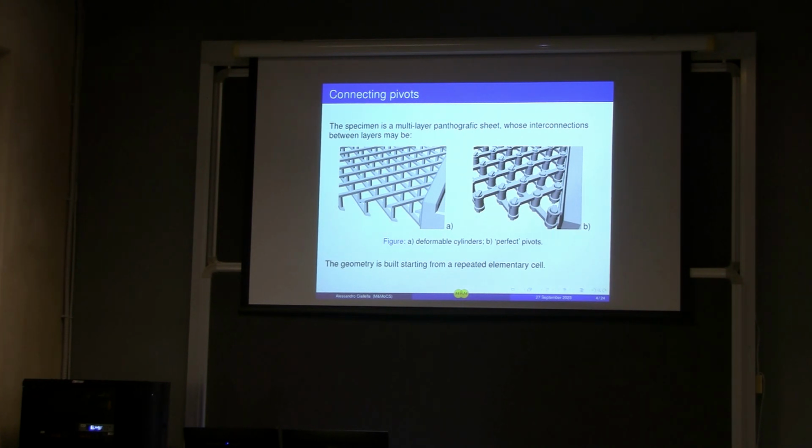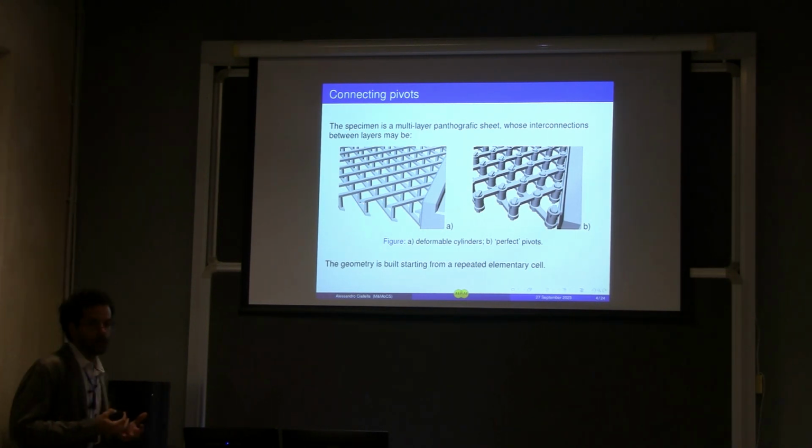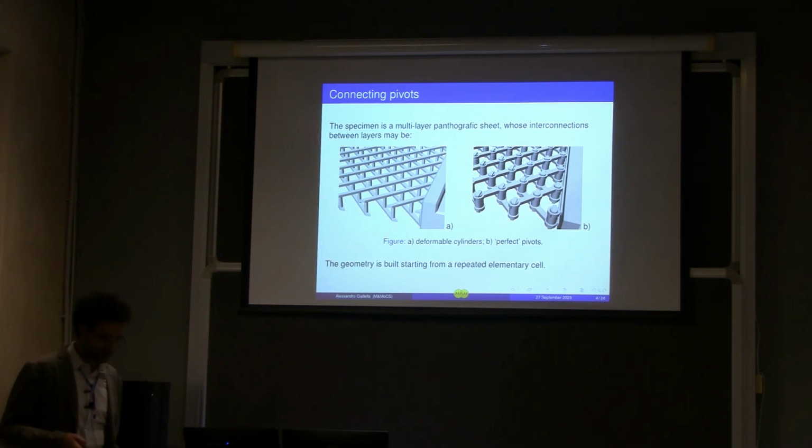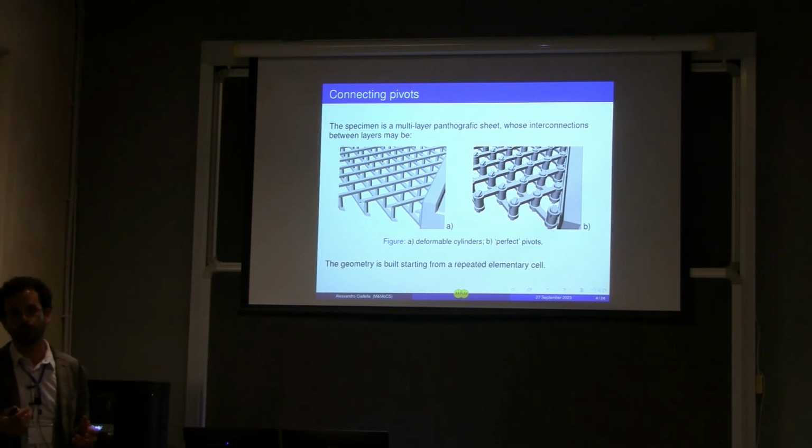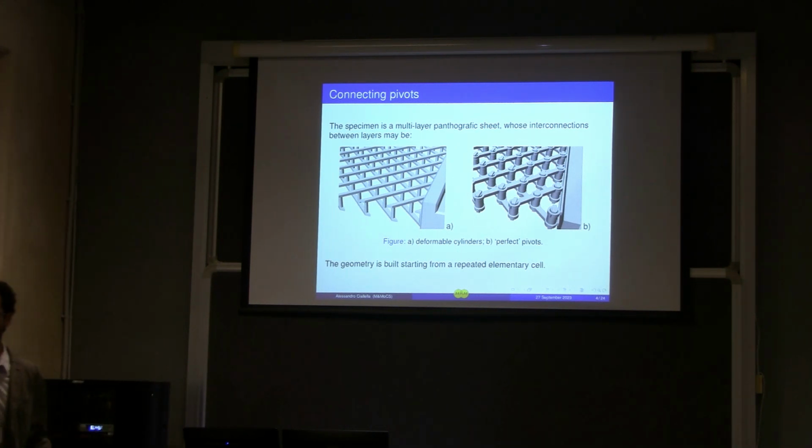And we can see that basically we built this elementary rhombus, this elementary cell, in both cases, and we built the geometry starting from this elementary cell. So we have essentially a periodic structure. And when I say pantographic block, I'm just thinking of a multi-layer pantographic sheet.